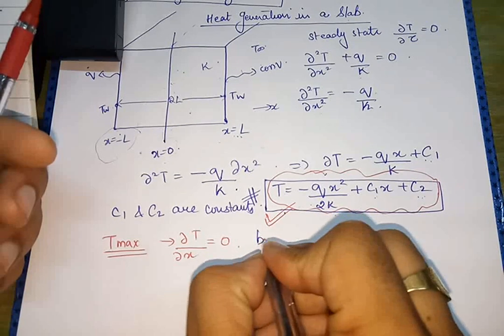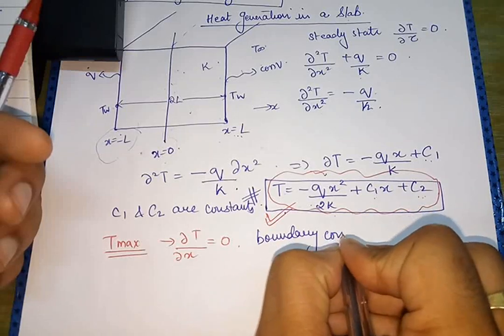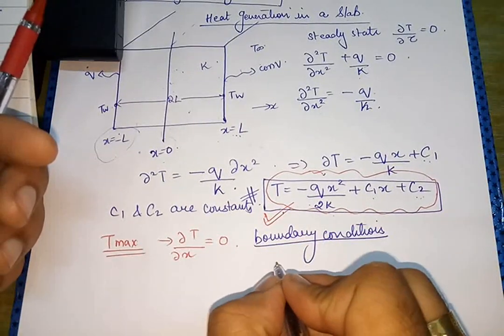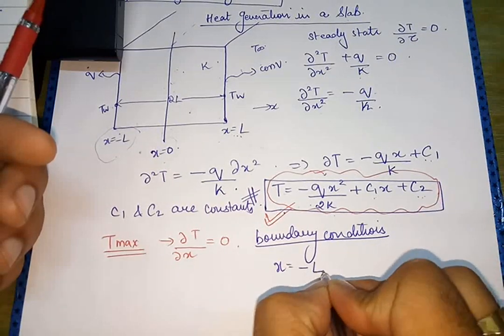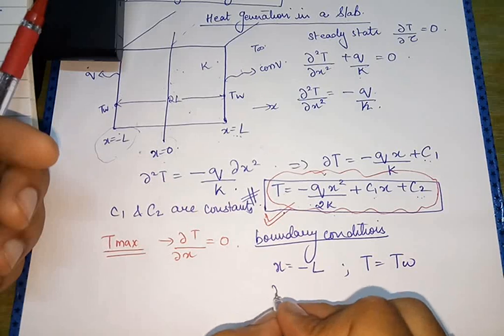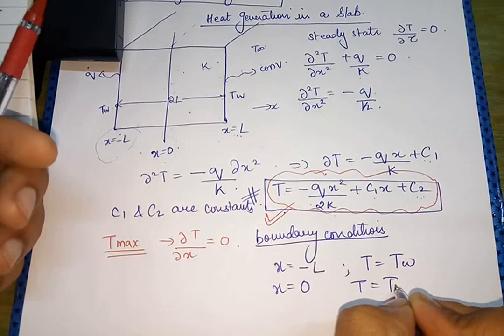Now if we talk about the boundary conditions: at X equals minus L, T equals T wall. At X equals 0, T equals T maximum.